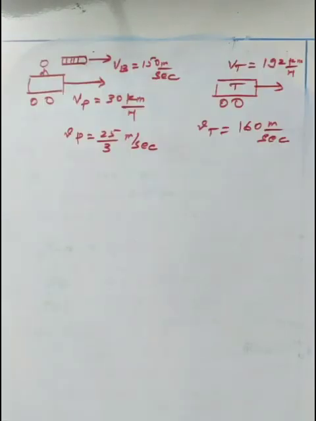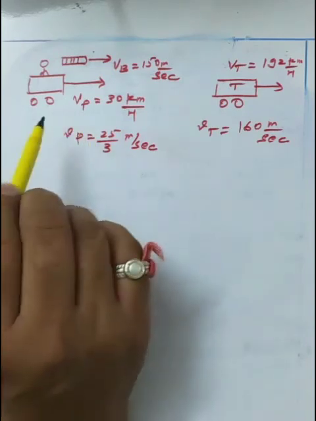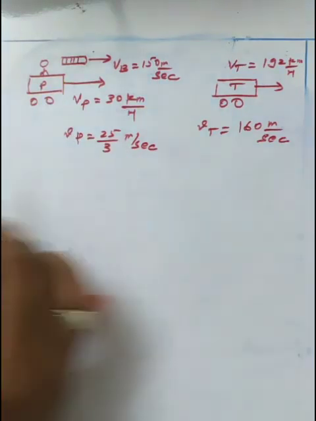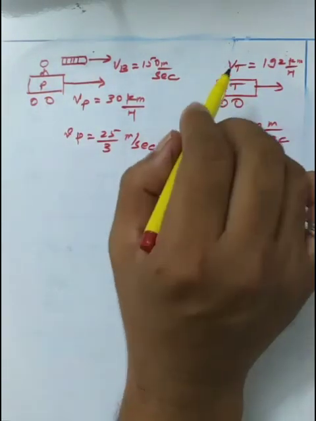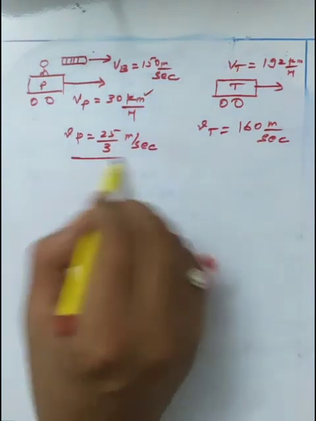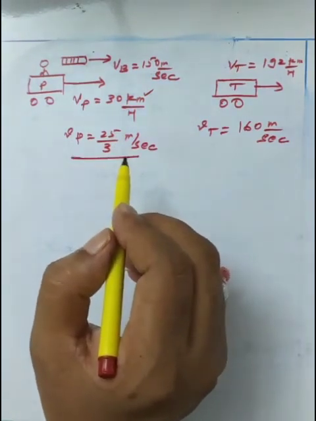Now, dear students, I have made a representation of the problem. This is the police van, moving towards the thief's car with its own velocity of 30 kilometers per hour, and we convert it into 20 meters per second, which makes 25 upon 3 meters per second.